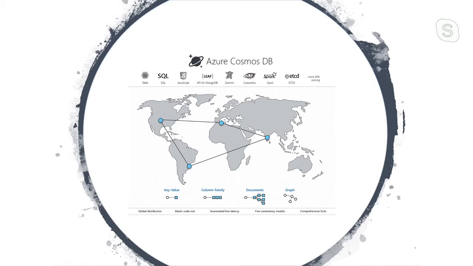One thing to know about Cosmos is that because it's a database as a service, it is mainly available through the API or SDKs that Microsoft provides, or you can connect to some of the Cosmos models over the native wire protocol. For instance, you can connect to Mongo over the Mongo wire protocol.